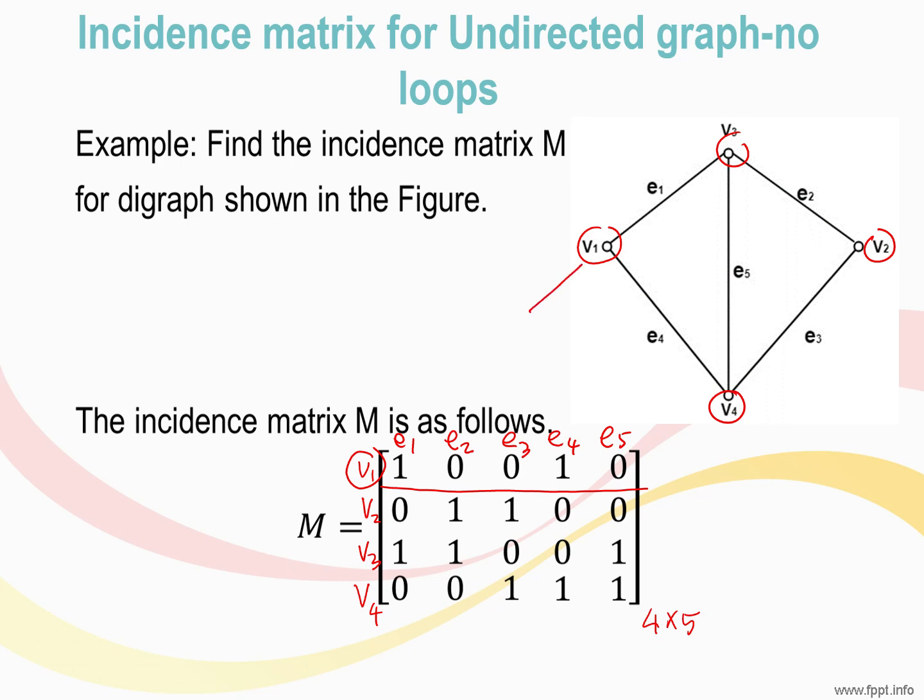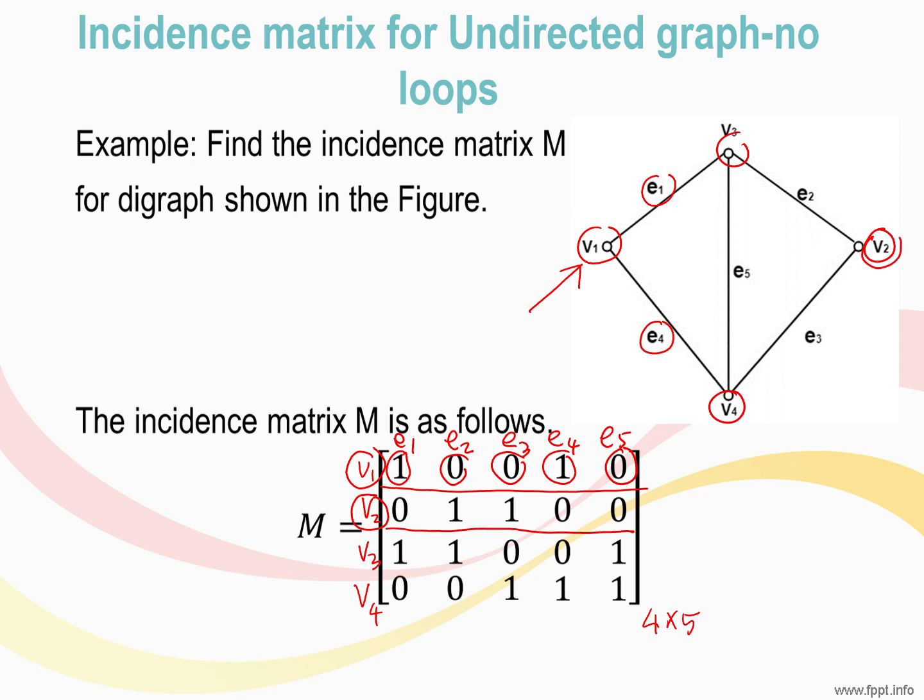From the graph, you can see that V1 is incident only to E1 and E4. Therefore, V1E1 equals 1, V1E4 is also equal to 1, and other than that, it equals 0. For the second row of the matrix M, we will focus on the vertex V2.